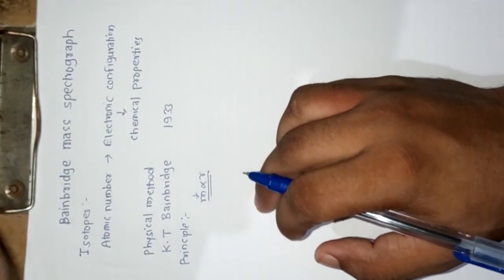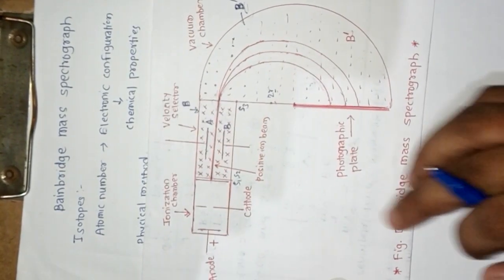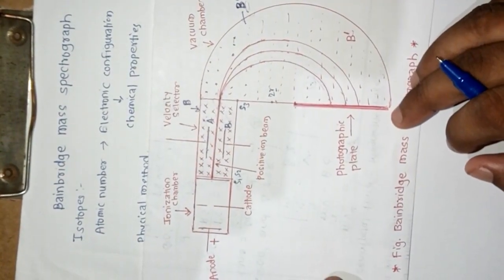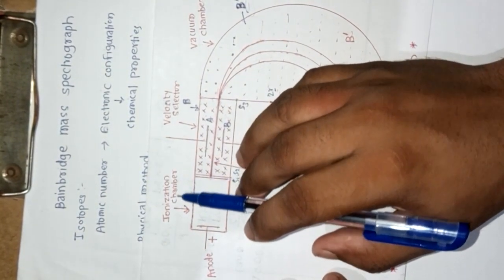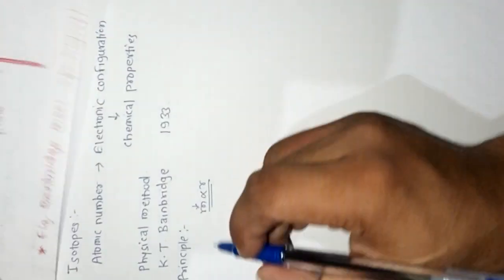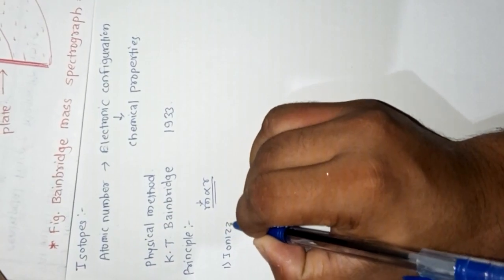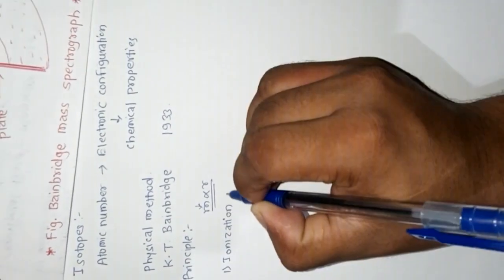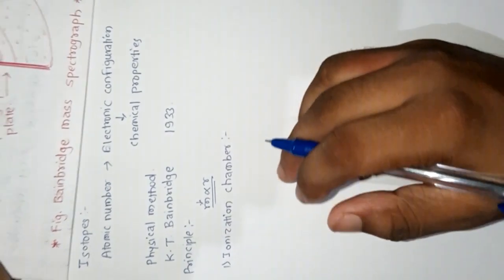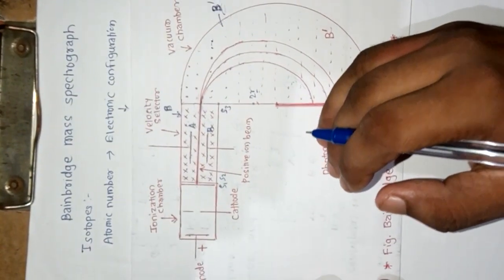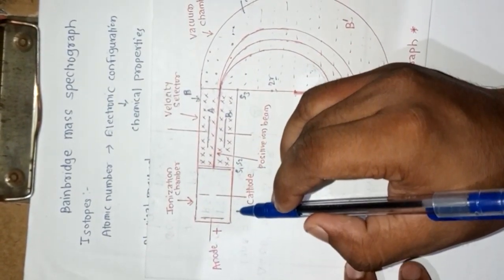Now this is a Bainbridge mass spectrograph. Basically it is divided into three parts. The first part is the ionization chamber.